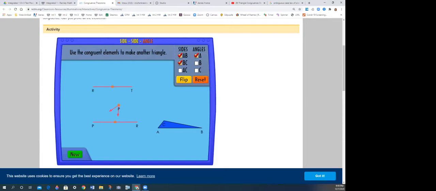Let me do the same thing. I'll put P here, okay? And again, I'll grab R, same size as the other one, just change the letters. And instead of going like this, which formed the one that you see in blue, I can go like this.